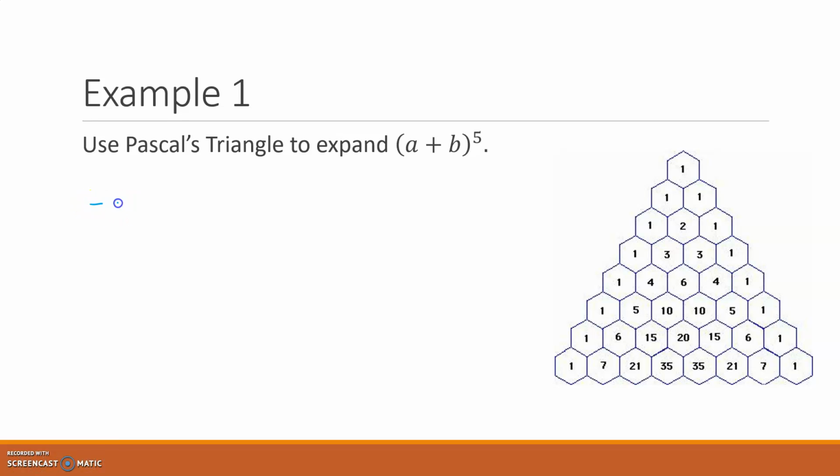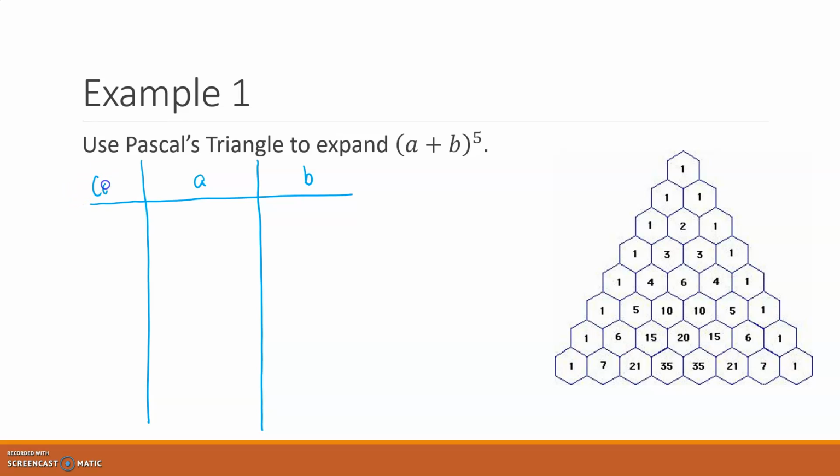So we are going to make a table. I know, everybody's favorite thing, making a table in math class. And what we're going to do is put our first term here and our second term here. And it's positive, so I'm going to leave it positive b, but if it was negative, I would take that negative over with it. And then this first column is for the coefficient.